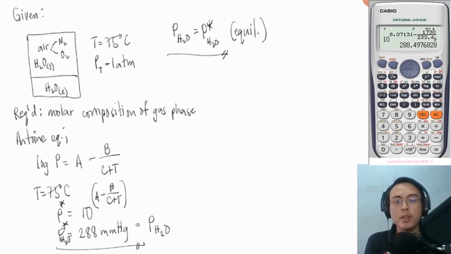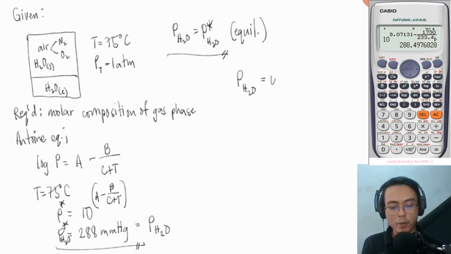What's next? You go back to Dalton's law of partial pressures. What is Dalton's law of partial pressures? The partial pressure of water is equal to the mole fraction of water multiplied by the total pressure. Do we know the partial pressure of water? We do, because that came from the vapor pressure of water, and those are equal because of equilibrium.